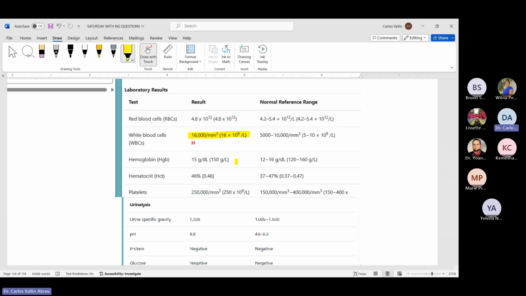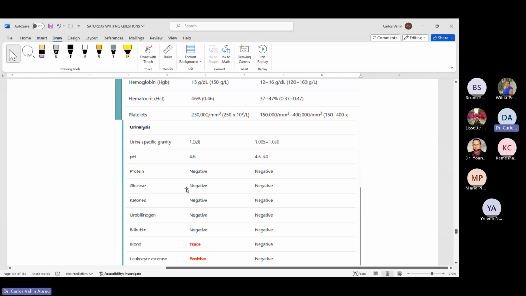The hemoglobin is normal, and the hematocrit, 3 times 15, is 45, so it is concurrent with the hemoglobin. It doesn't suggest dehydration. The platelets are normal. There is not a consumption of platelets.